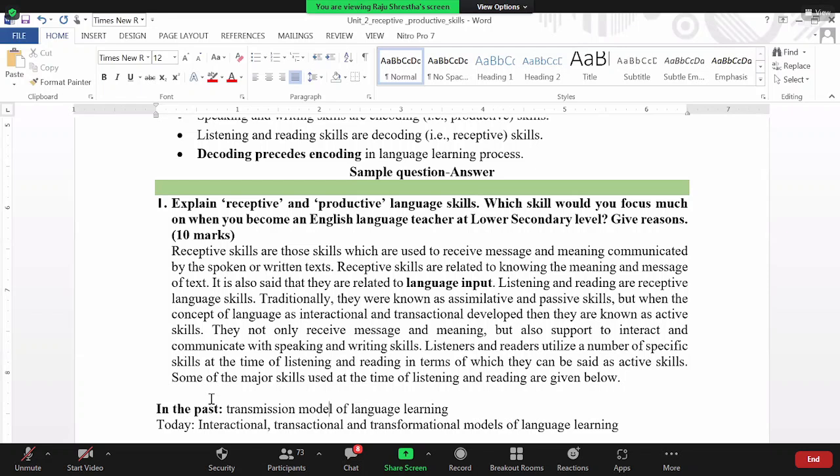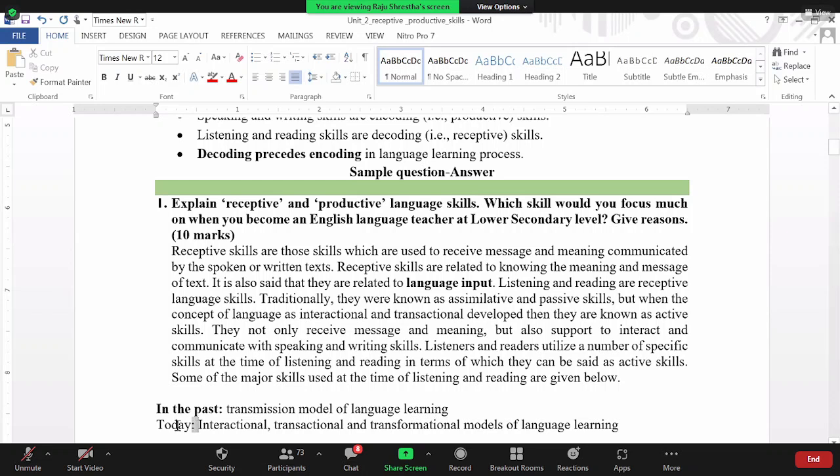So the teacher used to transmit, transfer knowledge from teacher to students. यो transmission model मा students are the receiver, teacher has to play the role of producer, transmitter, transfer गर्ने हो. हिजो चाहिँ students they go on receiving, passive recipients of knowledge. This kind of practice was in the past in the language teaching and learning process.